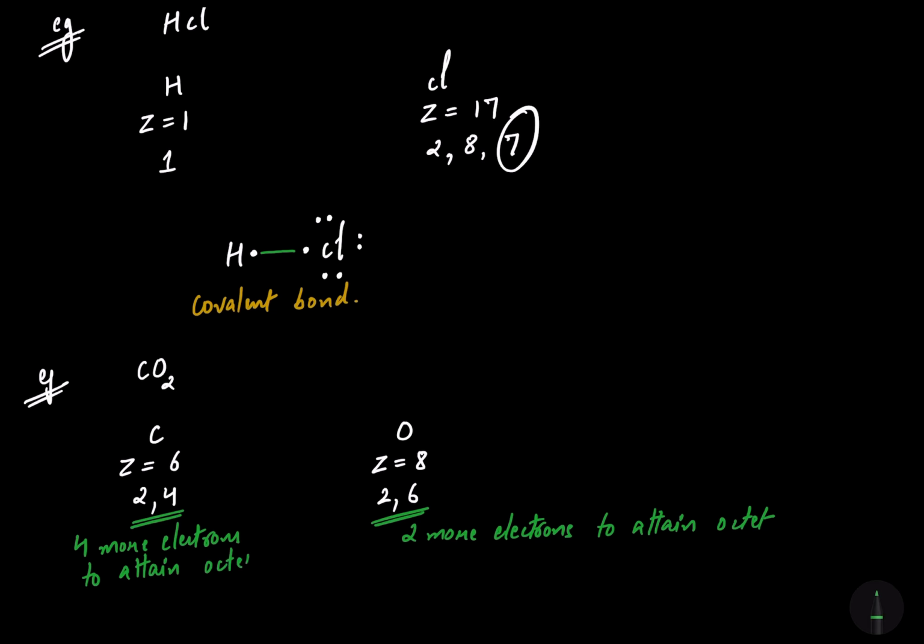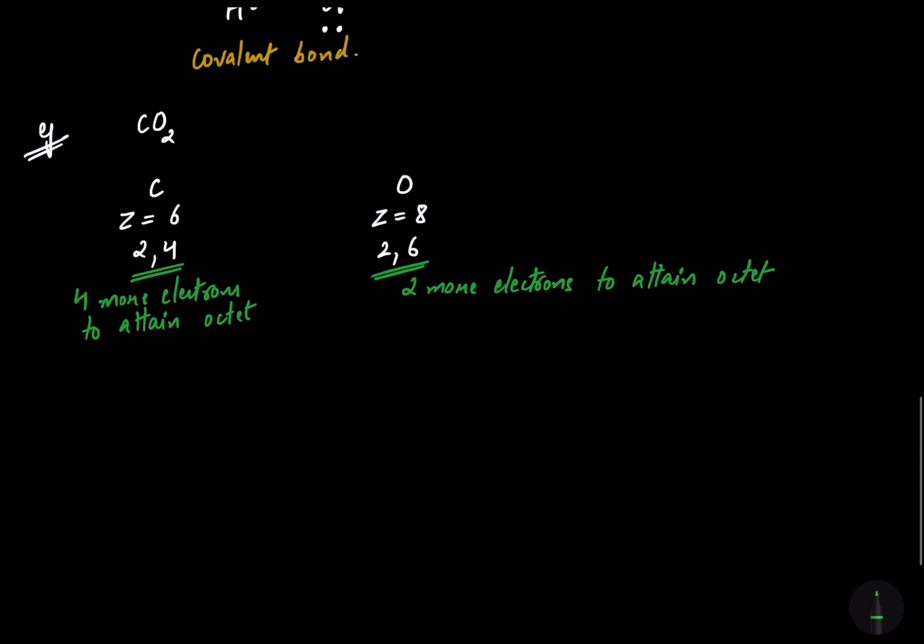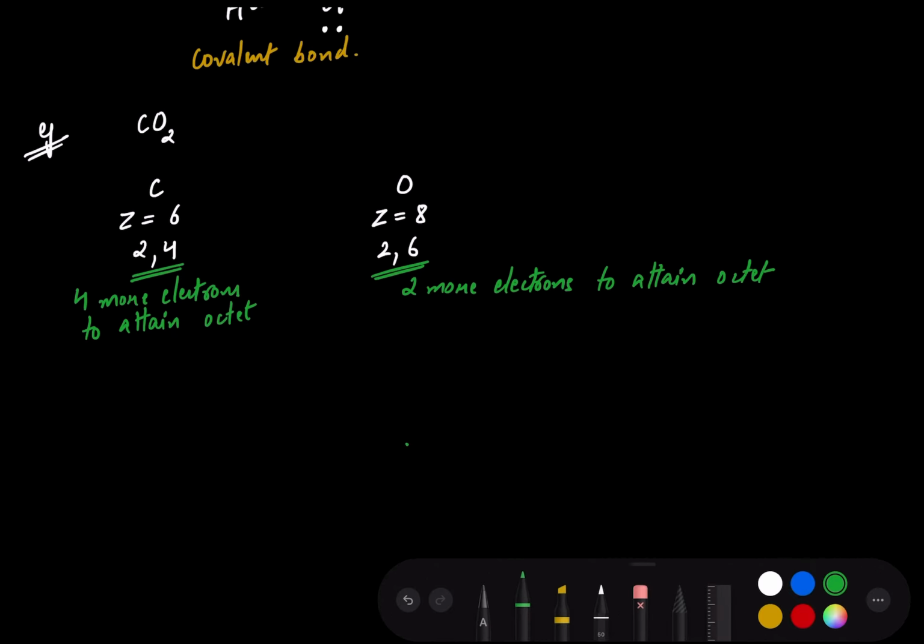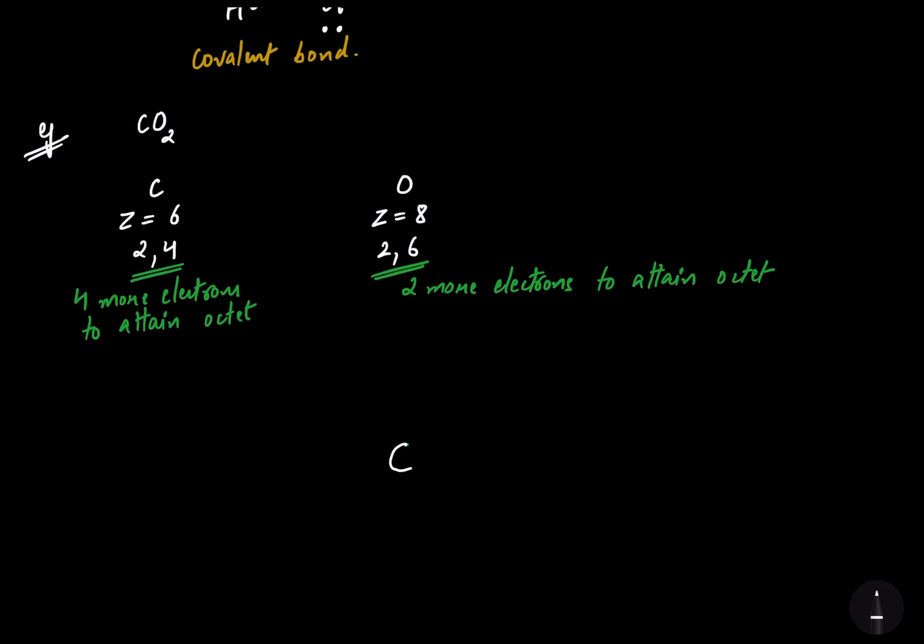So how will this happen? Let's take an example. We are having carbon. How many valence electrons does the carbon have? It's 4. So it's 1, 2, 3 and the 4.